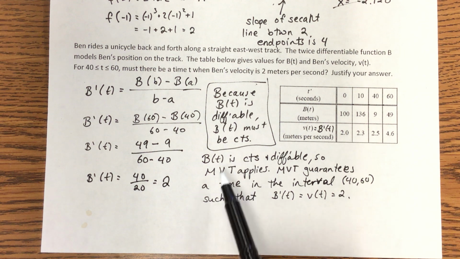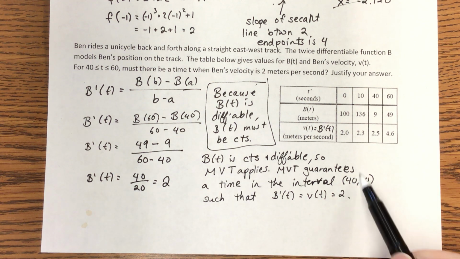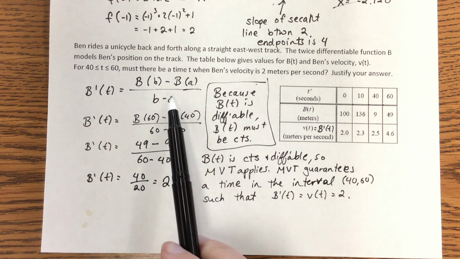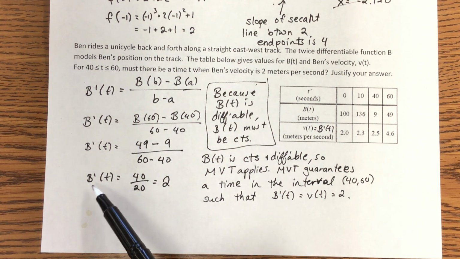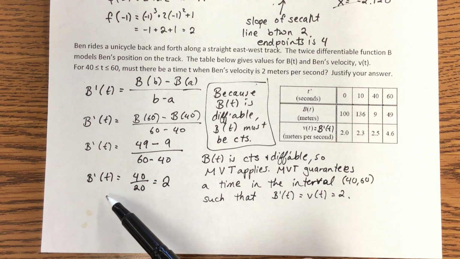That's it. So we have to show that the theorem applies, and then you can say that the slope between your two endpoints has to equal the slope at one point somewhere. And that's it.